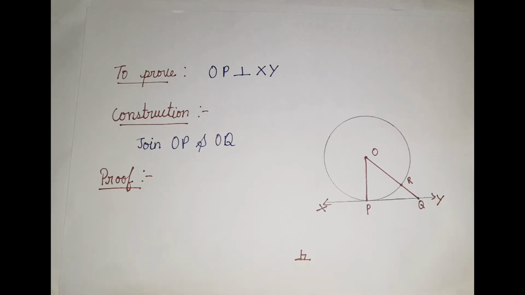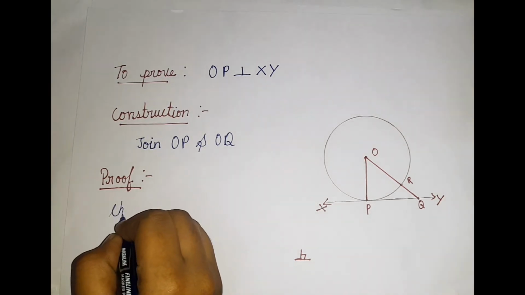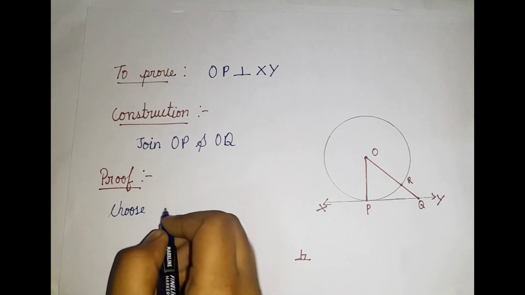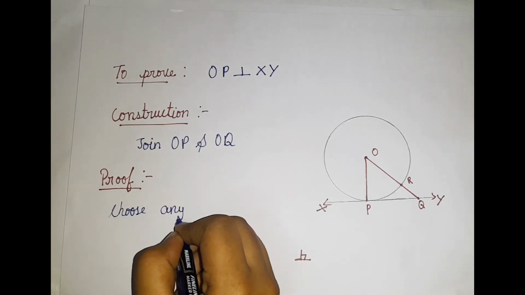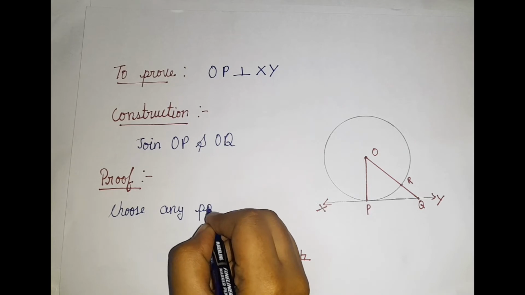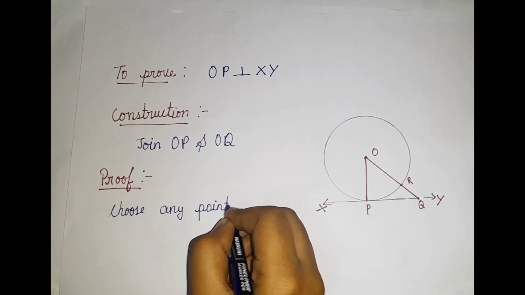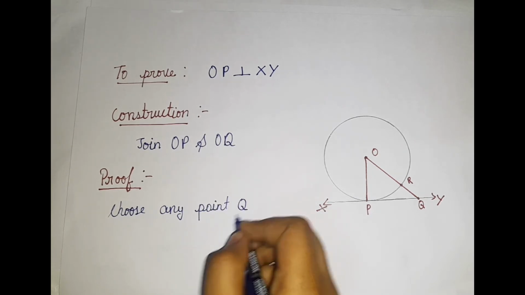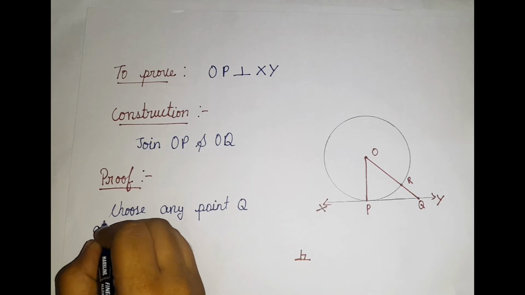First of all let me write it, and then I'll explain it, because when I just dictate it, it will be somewhat confusing. Choose any point, that is Q, on the tangent XY.